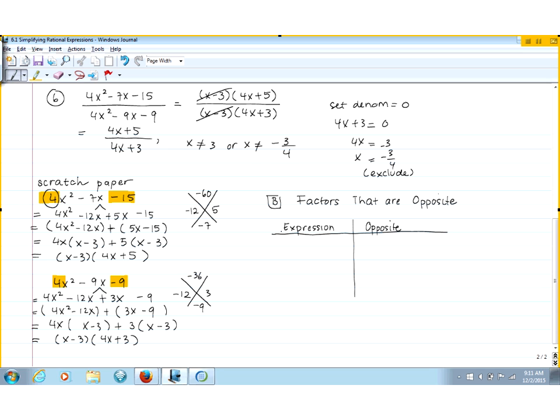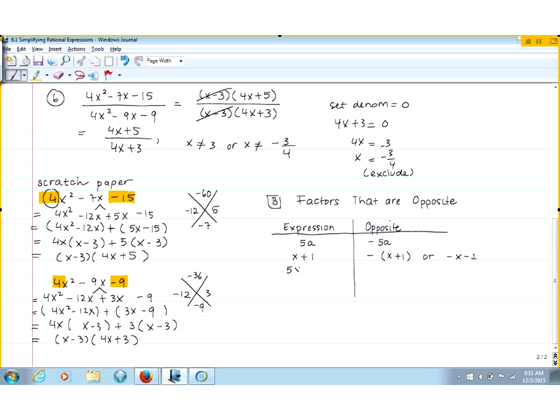Okay. So for example, 5a. What is the opposite of 5a? Negative 5a. So practically we're just switching the sign. What about if I have x plus 1? What is the opposite of x plus 1? Negative of x plus 1 or negative x minus 1.